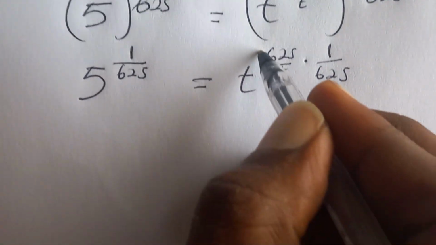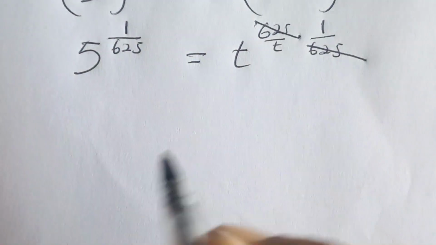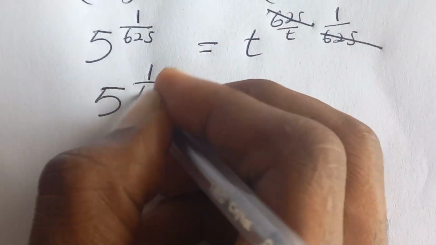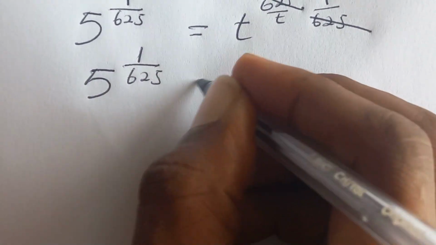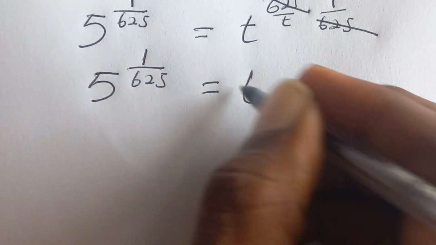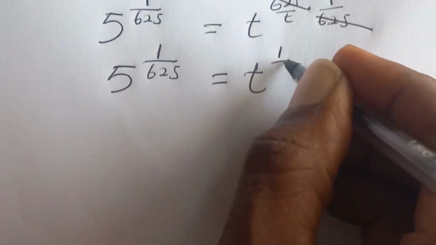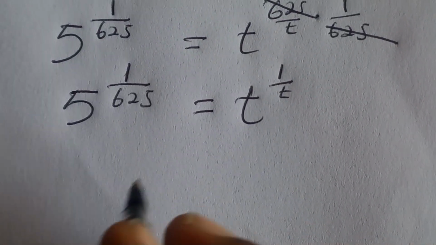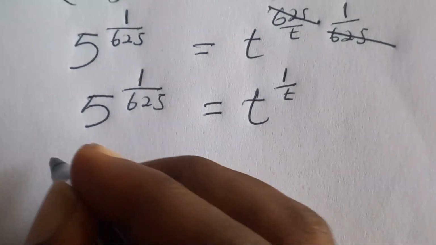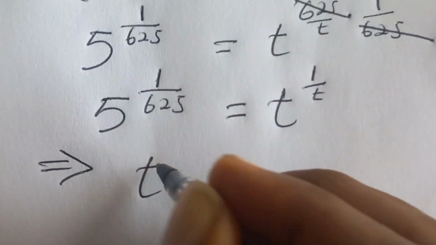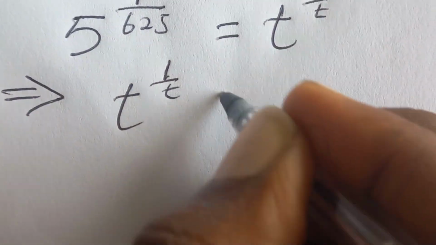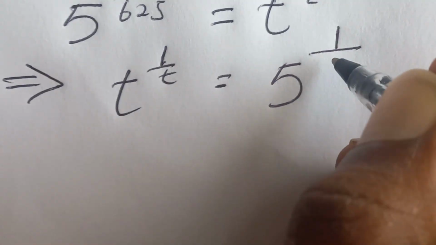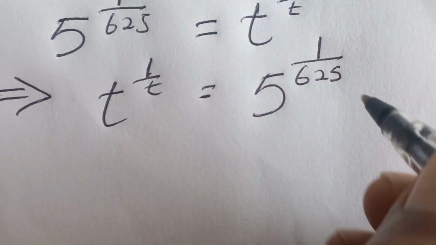Now you can see that 625 cancels 625 here, leaving 5 exponent 1 over 625 is equal to t exponent 1 over t. Okay, so now our equation is t exponent 1 over t, which is equal to 5 exponent 1 over 625.